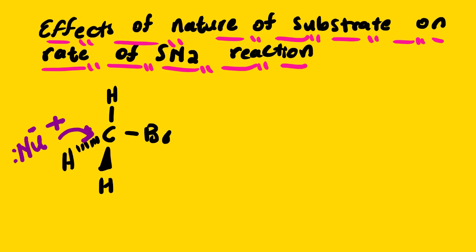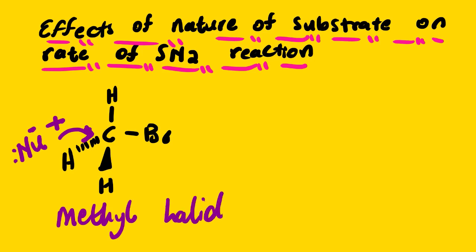Now in this case, for the methyl halide, it's very simple for it to attack because we don't have any hindrance. It's just an open space to the electrophile. When I talk about hindrance, I'm talking about other carbons. So in this case, it's very simple for the nucleophile to attack the electrophile. So this is a methyl halide, and we say the SN2 is very simple for it to occur.